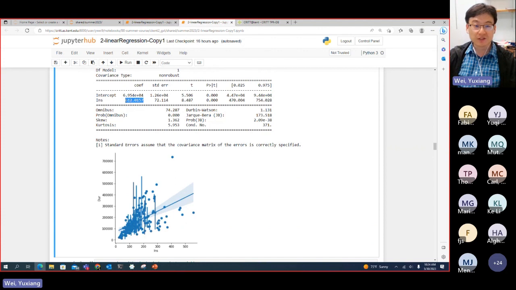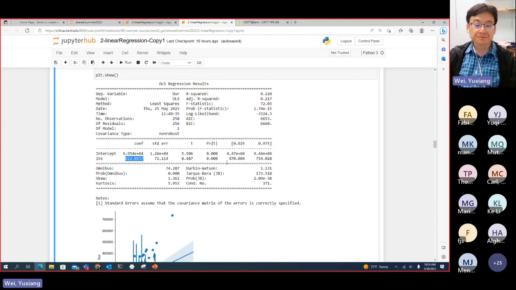So this 600 something means the change in the dependent variable if the independent variable changes by 1 unit. So here it describes how much the duration is changed if insertion increases by 1. So if there is one more insertion, there would be 600 additional duration involved. So this indicates the relationship between these two variables.